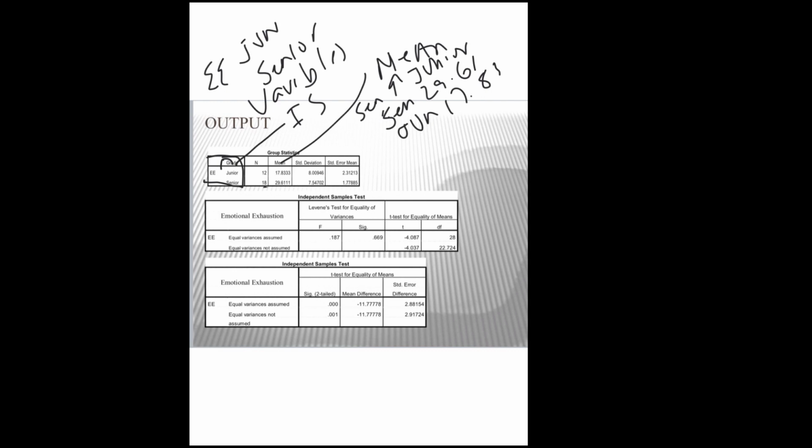So we can draw a conclusion right from those two numbers, that the seniors were higher than the juniors in emotional exhaustion. Later on, we'll discuss each of them individually because it's very important for your conclusion.